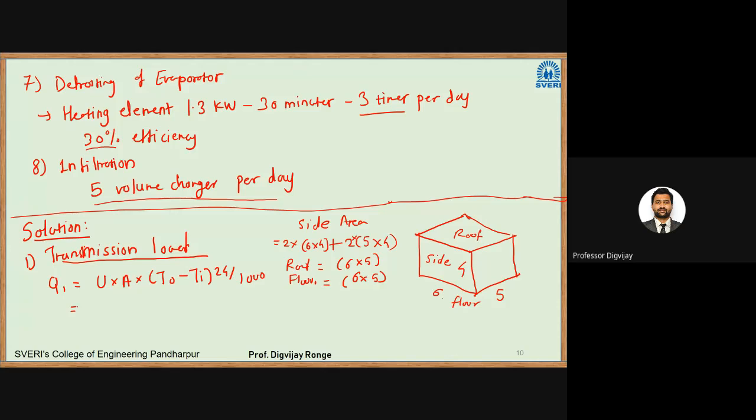The U value for this puff panel is given as 0.28. So 0.28 into side area. Now calculate this whole side area plus roof area.